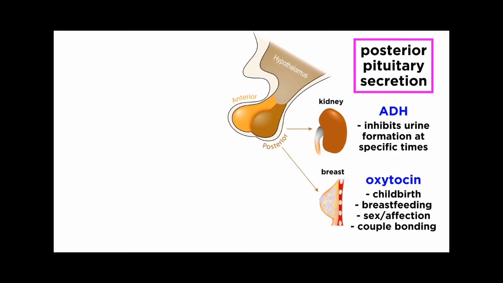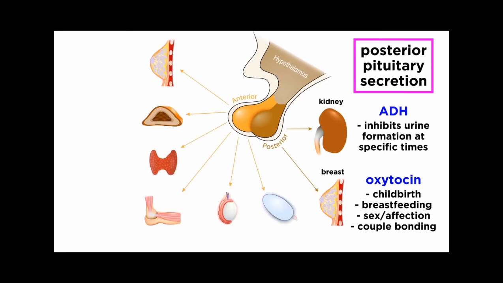The anterior pituitary has a different role, manufacturing and secreting a variety of hormones that in turn regulate other endocrine glands.